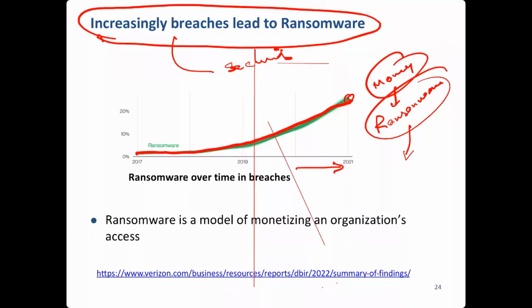Everything is locked, right? This is a major issue. Then cyber criminals will say, okay, give me $1 million or $10 million immediately and I will release it. Okay, so it's called ransomware.